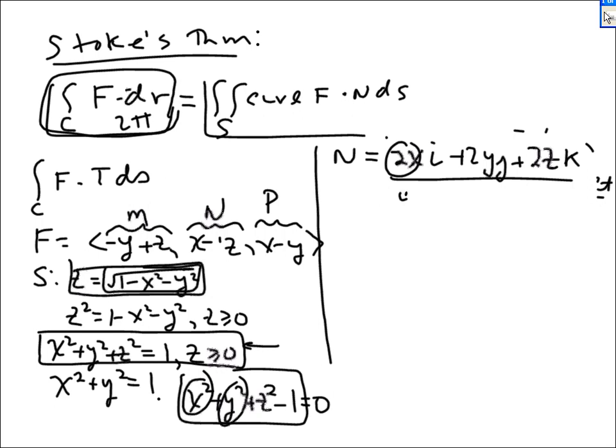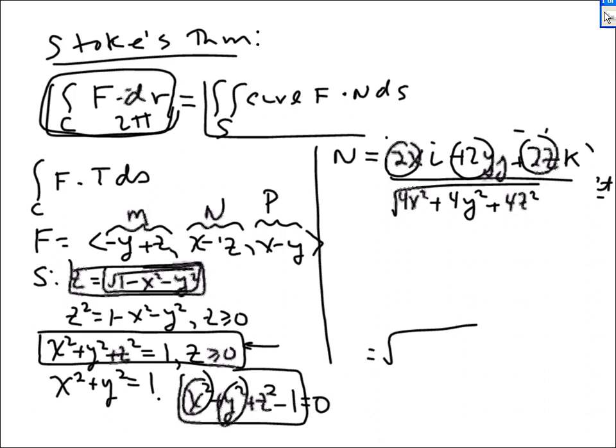This squared will be 4x squared, plus this squared is 4y squared, plus this squared is 4z squared, square root of that. If we look at that more closely, we could factor out a 4, and then we get x squared plus y squared plus z squared. But this is 1. So it's just the square root of 4, which is 2.